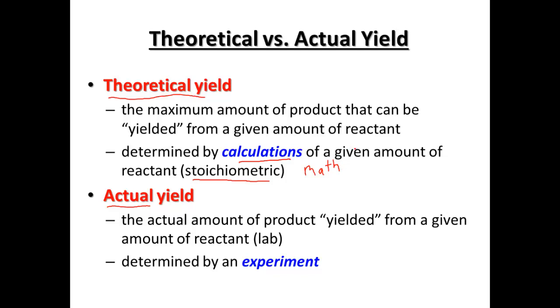What we should get from the calculations. Actual yield is what we're going to do in the lab. So when we actually do our chemical reactions, we're going to see how much we actually did produce from our lab by an experiment. So actual is our experiment, theoretical is our calculated amount of what we should get.